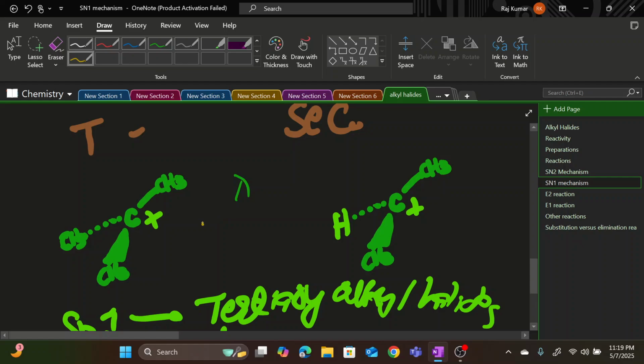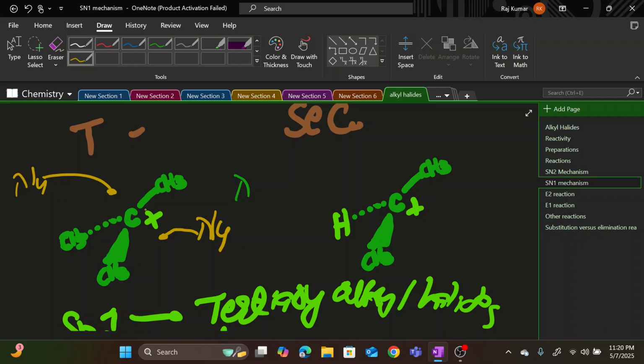Let's say I'm having a nucleophile. This nucleophile comes and attacks the carbocation. Can you tell from what sides the nucleophile can attack? The nucleophile certainly cannot attack here, because there are these bulky groups which produce steric hindrance. Steric hindrance is the presence of bulky groups which prevent the attack of any nucleophile or electrophile on the central carbon.